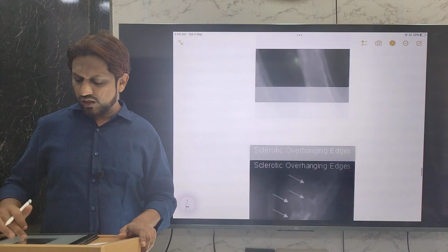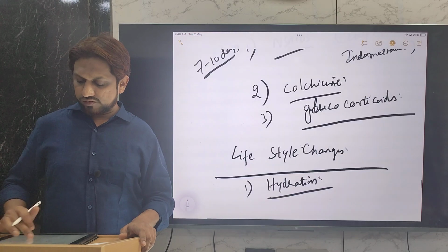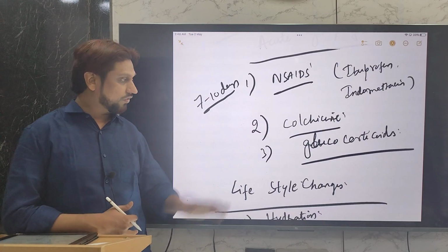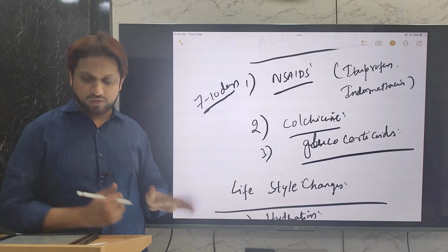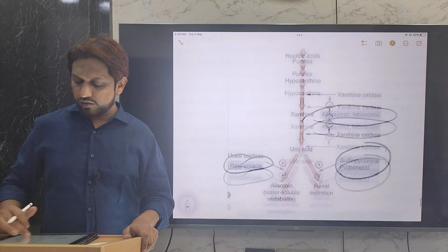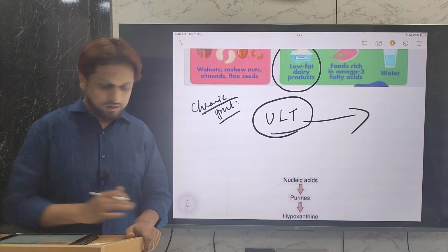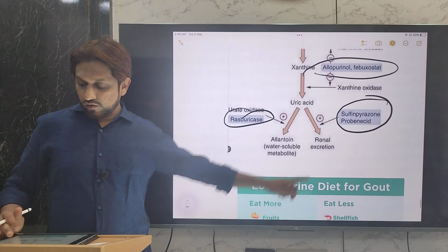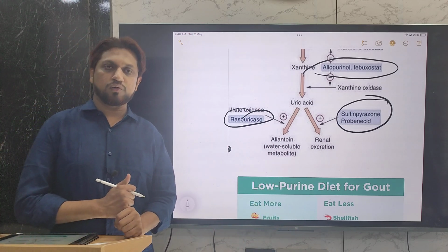Treatment is mainly medical, by NSAIDs, colchicine, anti-inflammatory drugs and glucocorticoids. Generally it will resolve, and lifestyle changes are the most important treatment. Finally, urate lowering therapy is given in selected patients, where drugs like allopurinol, febuxostat and probenecid can be used. That's all for today's lecture.